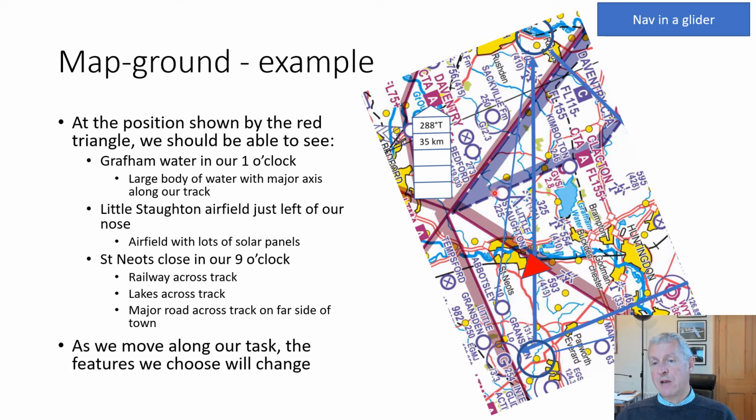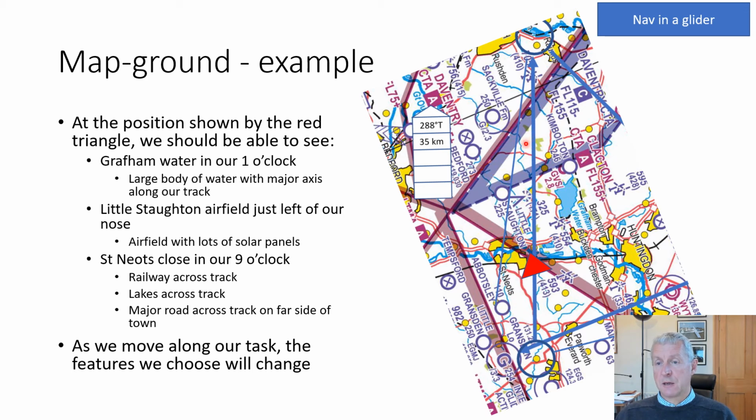And then we have an airfield just left of the nose, Little Staunton, which we ought to be able to see. And that, if you know what that looks like, stands out very well. In this case, a concrete runway with a lot of solar panels all around it. And then as we move forward, the 3 features we try and keep an eye on will change.